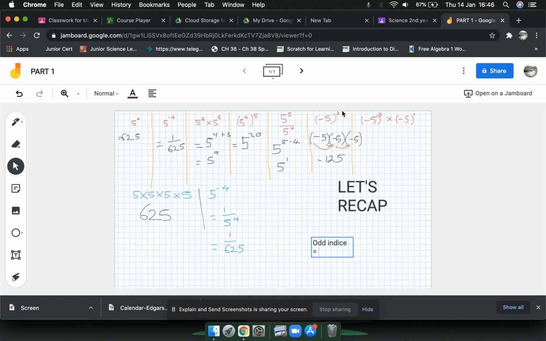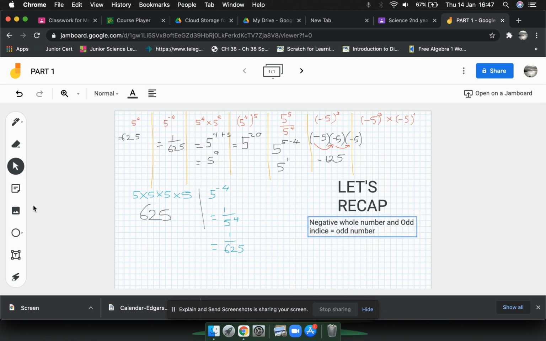I have a negative sign, and an odd indice. So I'm going to say a negative whole number and an odd indice is going to give you an odd number. Okay, and we can see that above here in front of us.